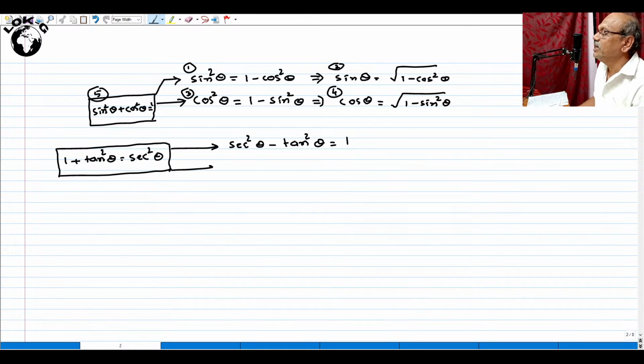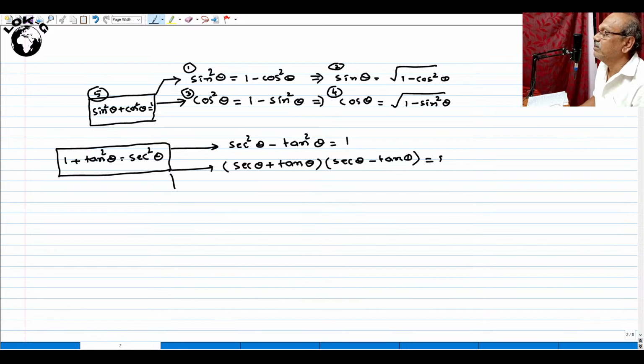Can you use the formula a square minus b square? So there you can get sec theta plus tan theta times sec theta minus tan theta is equal to 1.